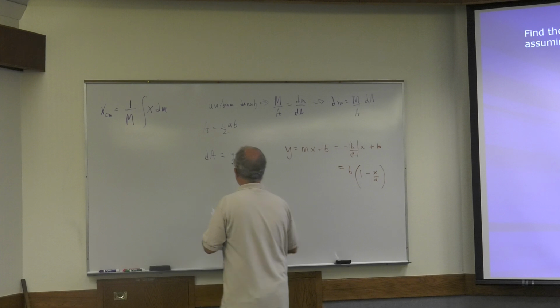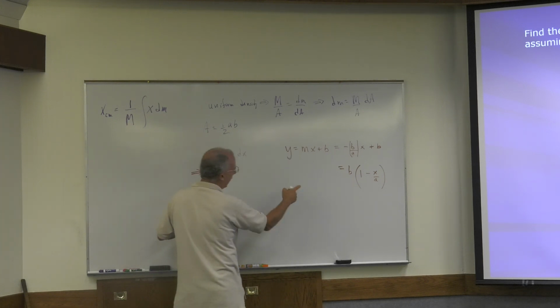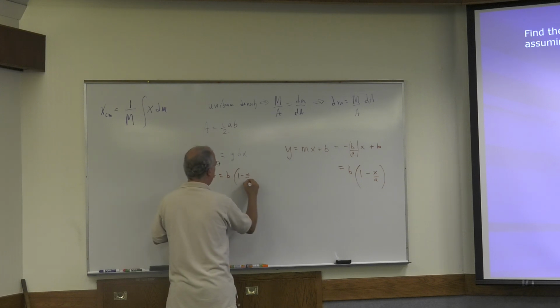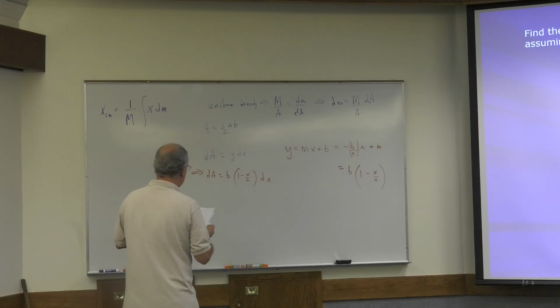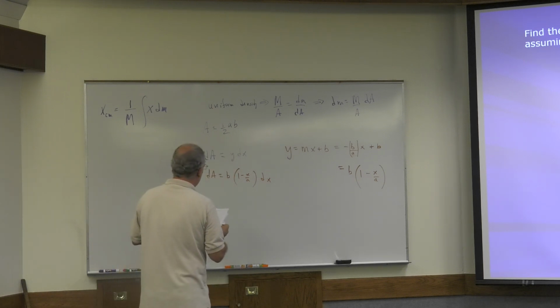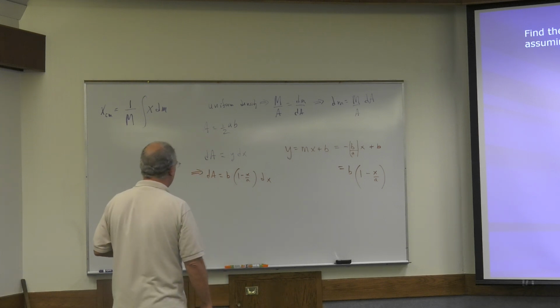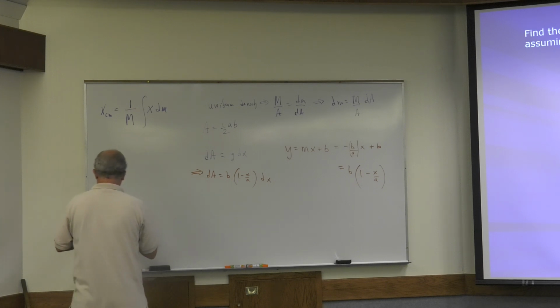All right, so therefore, the dA is y, which we just figured out, b times 1 minus x over a times dx. Awesome. Now, I wish I had more room, but I don't. So let's see if we can do it. Here we go.